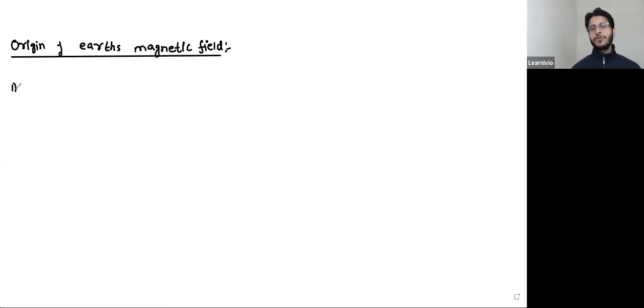There are plenty of theories for the origin of Earth's magnetic field. Out of those theories, two theories are very famous. The one is that the Earth's magnetic field could be due to the charged particles trapped around the surface of Earth.